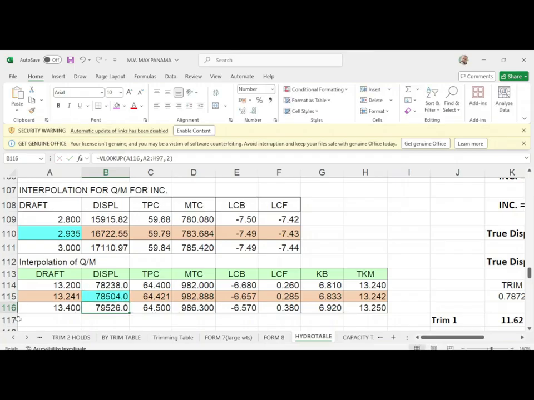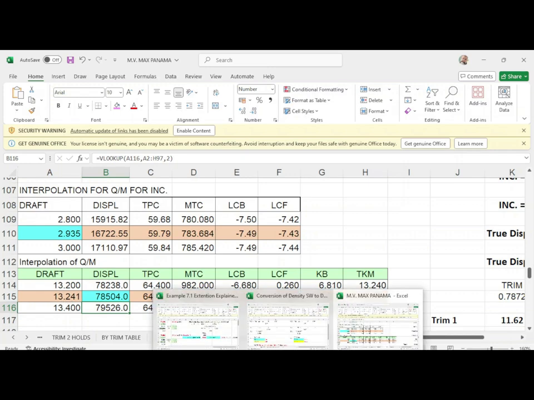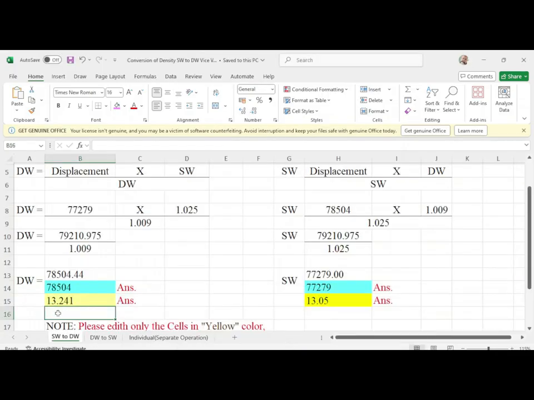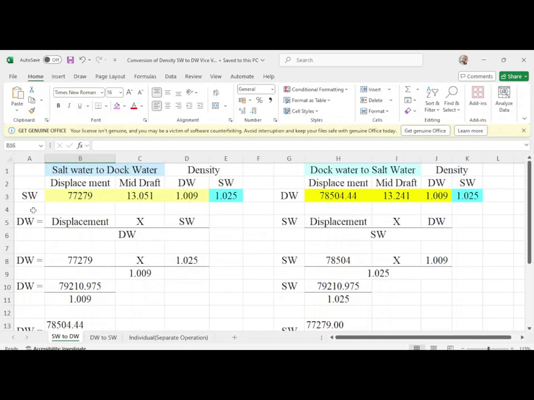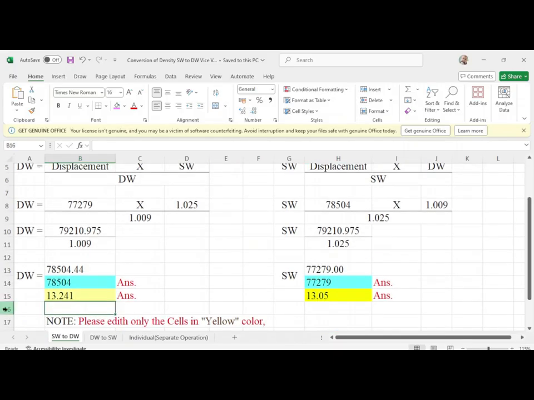And the corresponding draft is 13.241. So that will be 13.241 from salt water to dock water.